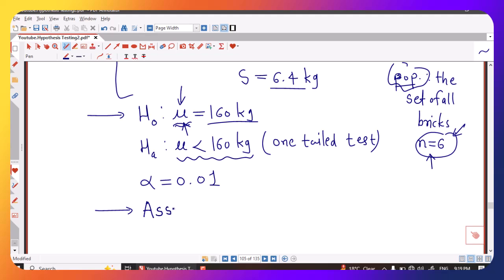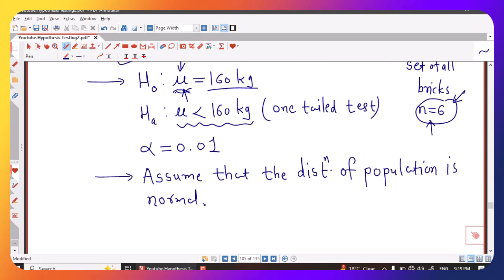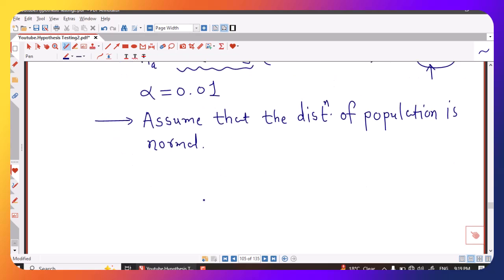That is not given, so we can assume that the distribution of population of all bricks is normal, or we can say that population follows normal distribution.